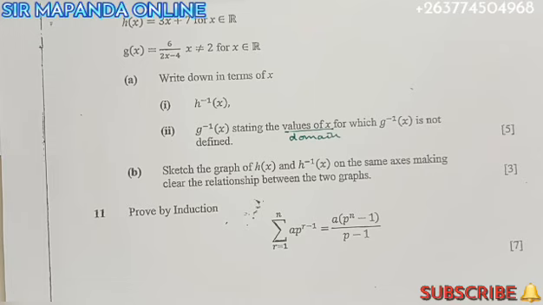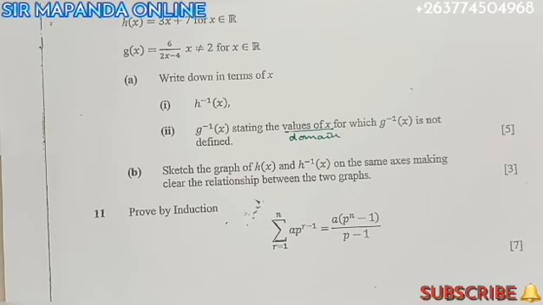Right, you are now on question number 11. It reads, prove by induction that this summation is going to give us this sum. Then you are given 7 marks. So if you are following my tutorials, I did a video on proof by mathematical induction recently.